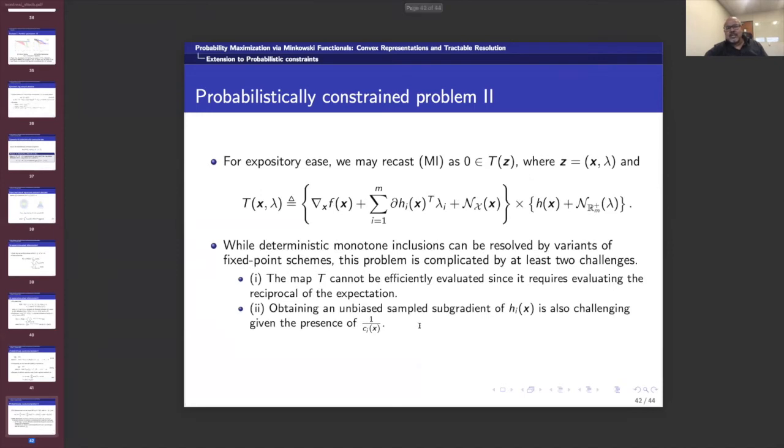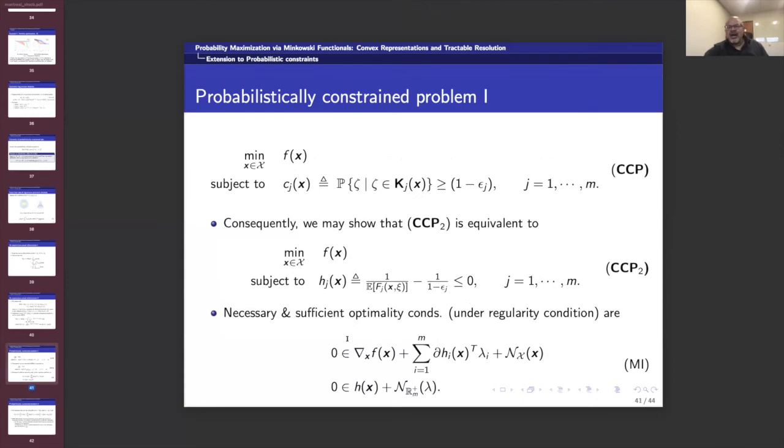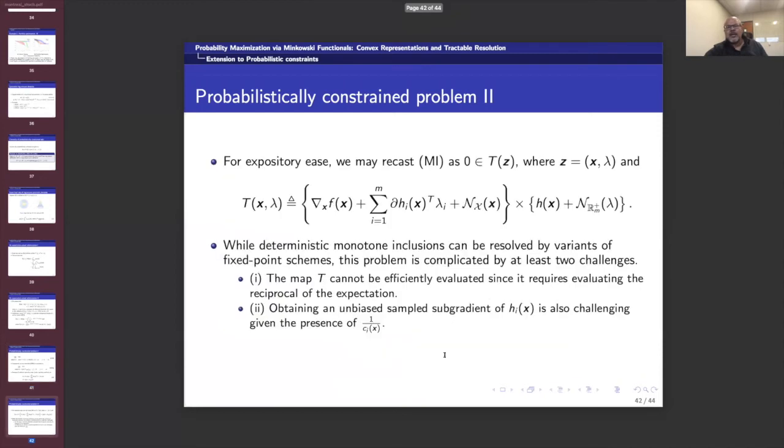It turns out that this monotone inclusion is not necessarily simple to handle, right? Essentially all I've done here is write out the first order optimality conditions. That's all I've done. Okay. Now, the problem is that if you wanted to get a zero of this inclusion problem, the challenge is that the map T cannot be efficiently evaluated, since it requires evaluating the reciprocal of the expectation, right?